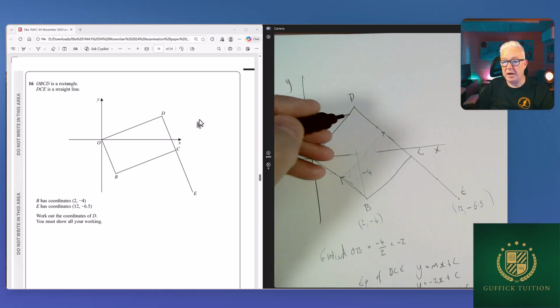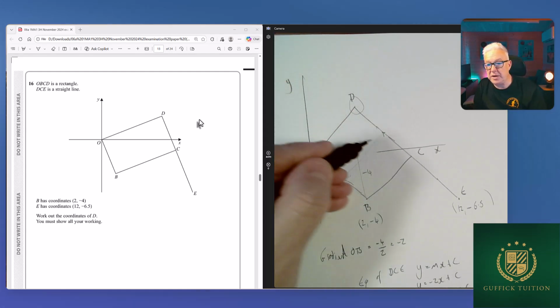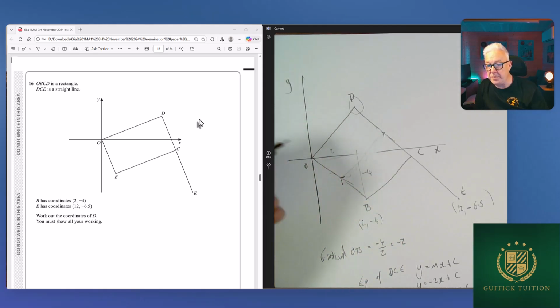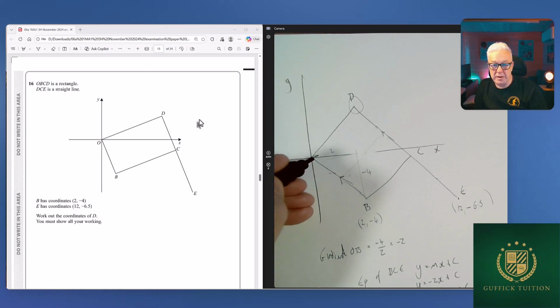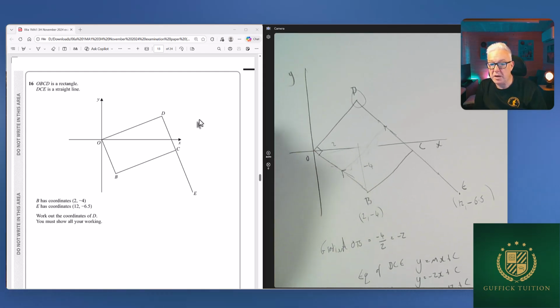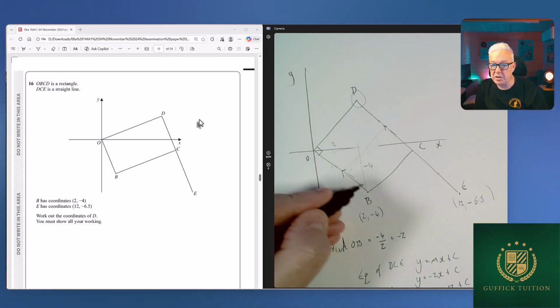Now, in order to find the coordinates of D, we need to know the intersection of the line we've just found and this line, which means we now need to know the equation of this line. Well, this is a rectangle, so this is a 90-degree angle here. We know that the gradient of this line I'm indicating with the pencil is -2.